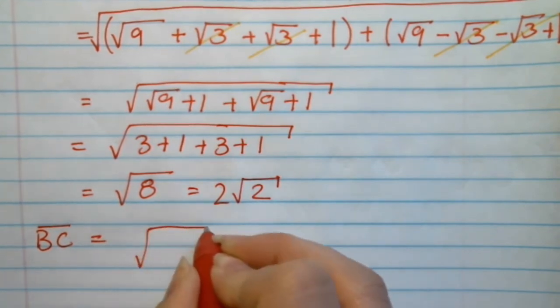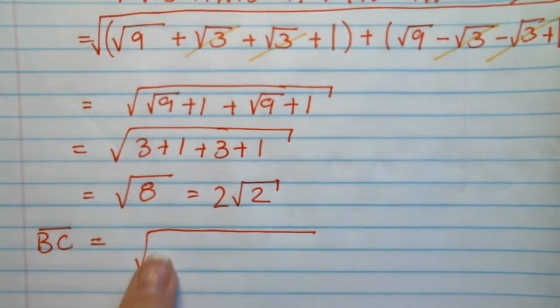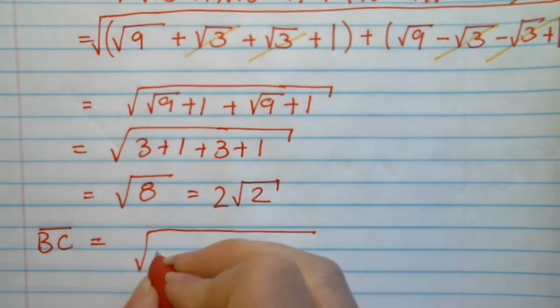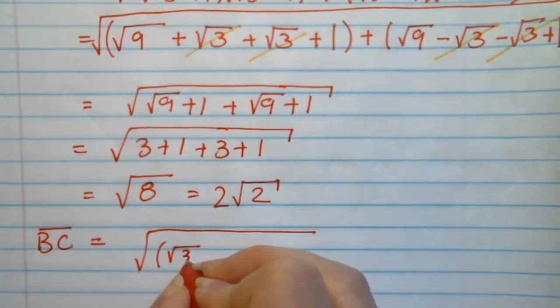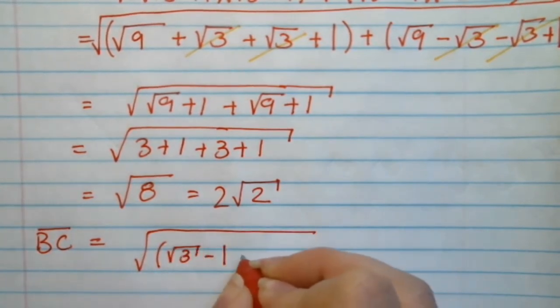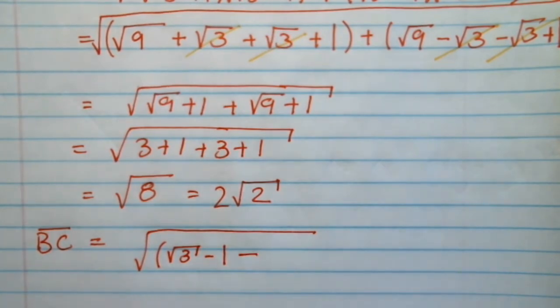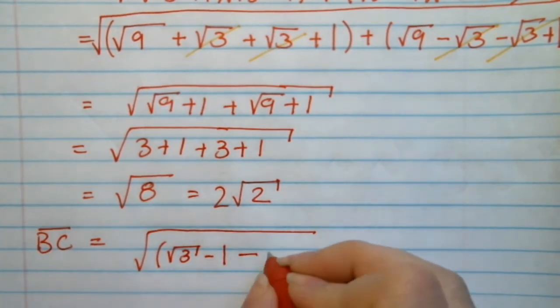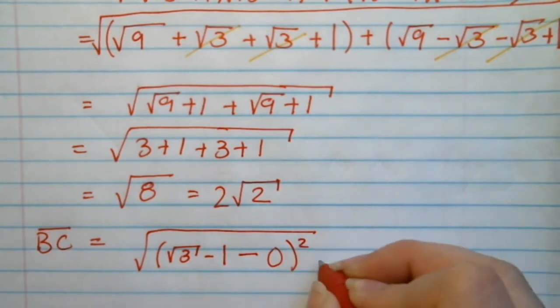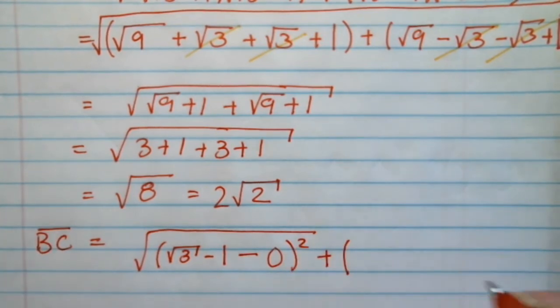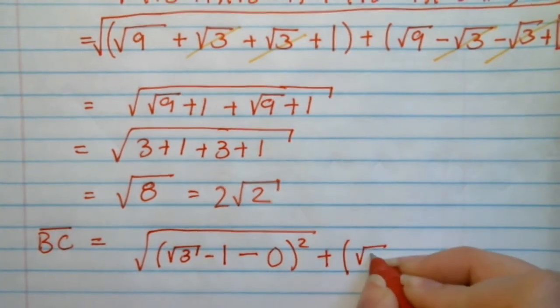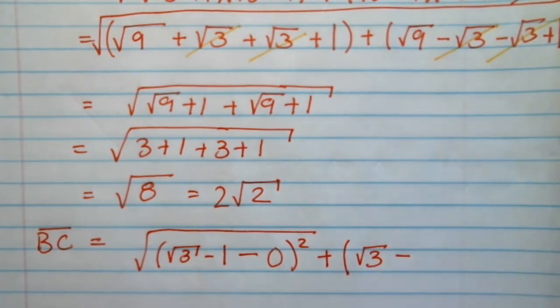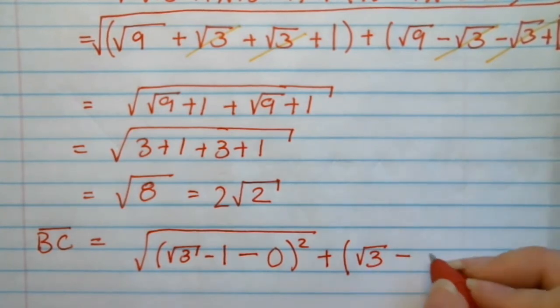So we'll have the square root of x2, so that's going to be the x coordinate from C, or root 3 minus 1, minus the x coordinate from B, which is 0, plus the y coordinate from C, which is root 3, minus the y coordinate from B, which is negative 1.